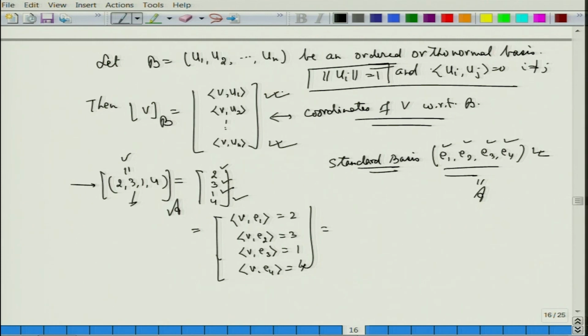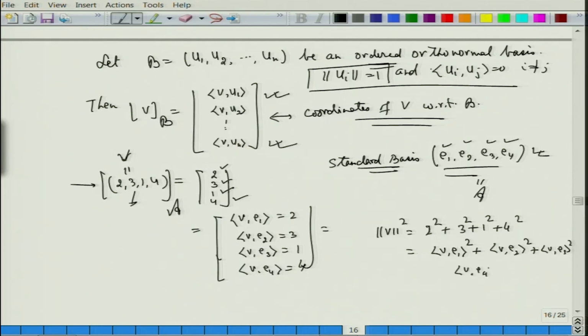Second thing was, if I want to find the length of V, so this was my V. Length of V square was nothing but 2 square plus 3 square plus 1 square plus 4 square, which is same as V comma E1 square plus V comma E2 square plus V comma E3 square and V comma E4 square.